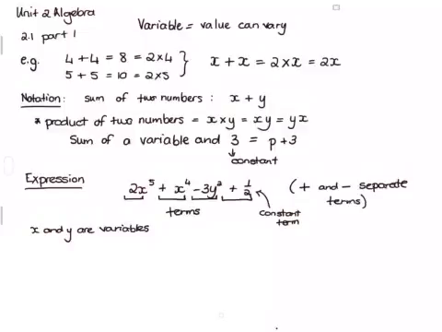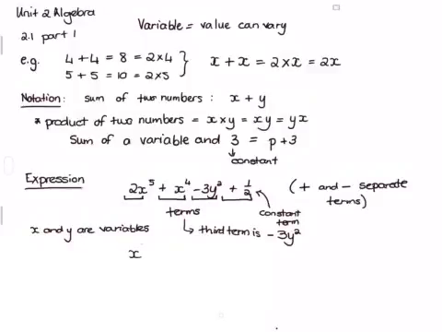Let's look at something else. We said all of those are terms. If I ask you what is the third term in this expression, then you've got to keep the sign with it. Minus 3y squared. The sign to the left sticks to it, it never changes. You could swap them around and write it in a different way.